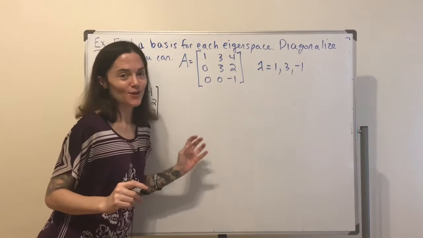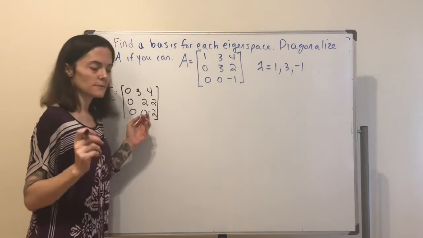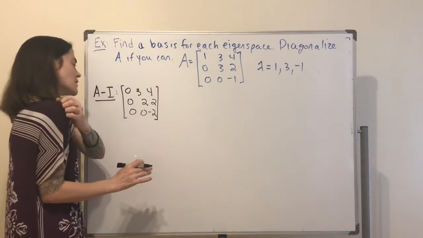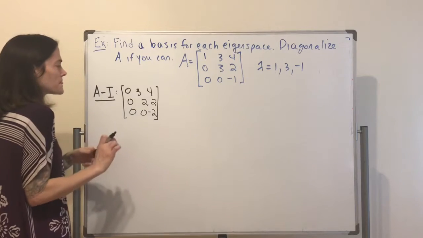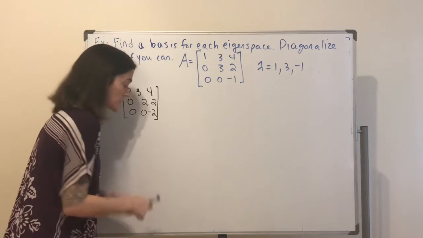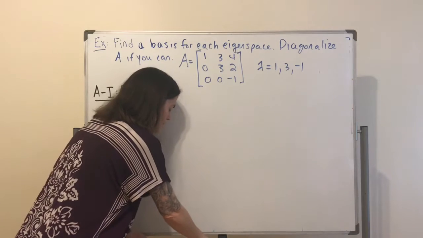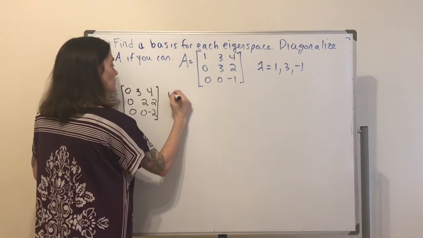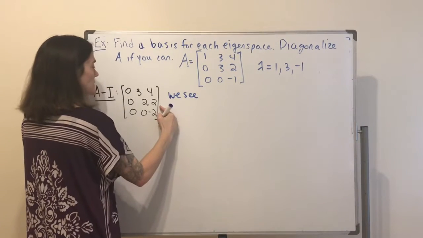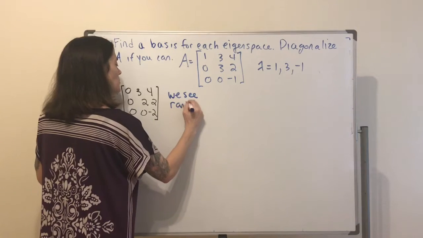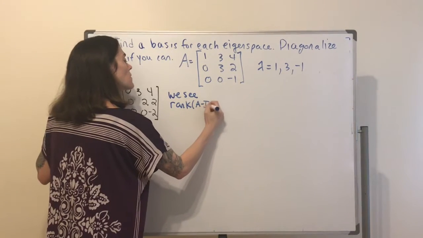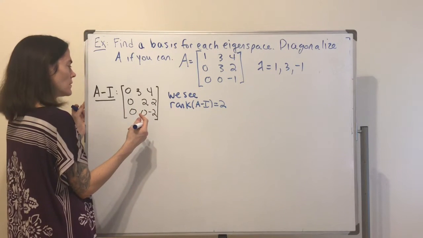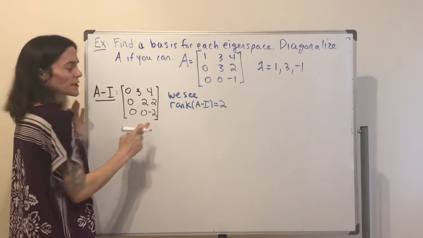How do we find the kernel of this matrix? In theory, reduced row echelon form, and I could do that here. However, I don't need to in this particular example. What you notice is that for this matrix, the rank is 2. Just by looking at this, we have, for example, 2 linearly independent columns.